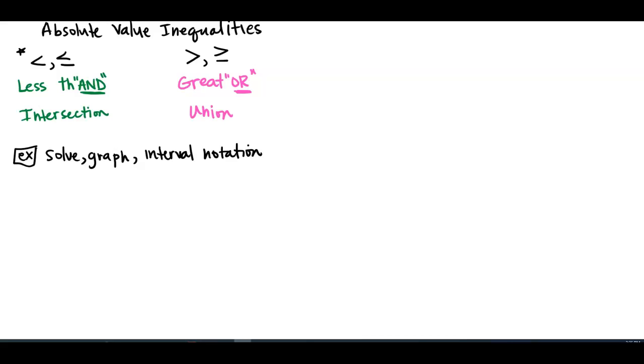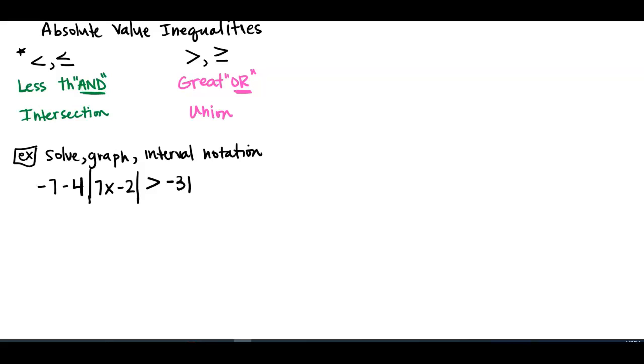Okay, so we'll have -7 minus 4 times the absolute value of 7x minus 2. So all of that 7x minus 2 is in absolute value, is greater than -31.